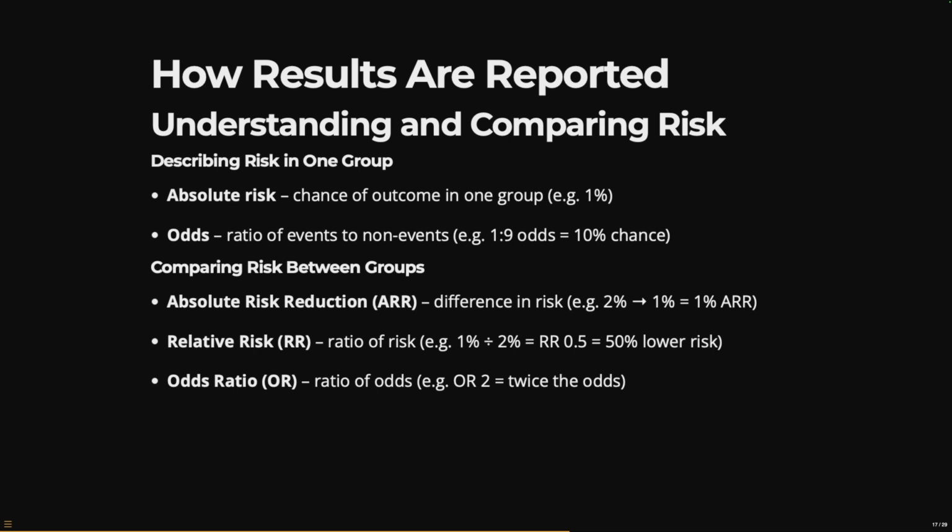Exactly. Yeah. Odds ratio is similar. You're just comparing two odds. Could you give an example of odds ratio? Let's talk about odds in the decimal way, because it's just a bit easier with this example.